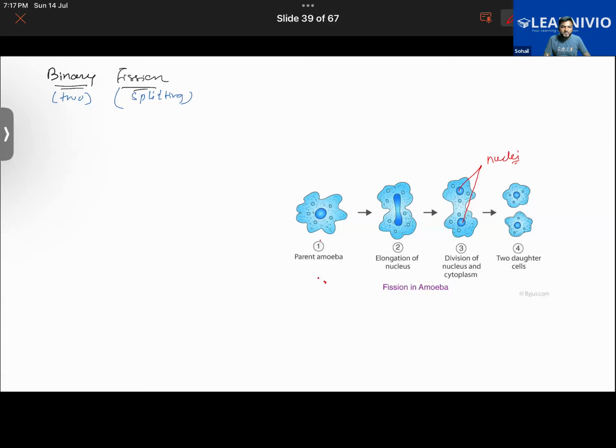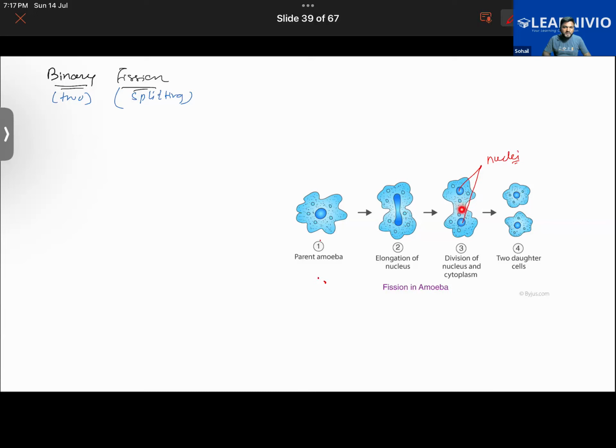This over here is a whole organism made up of one cell, and inside this organism the nucleus is separating, and here also it has separated, but the cytoplasm is still common for both of them. Technically, the cytoplasm has not divided yet.